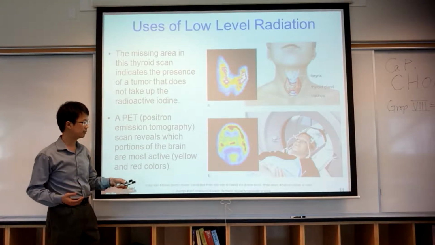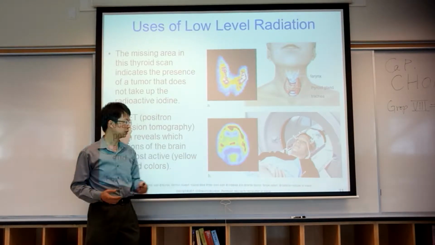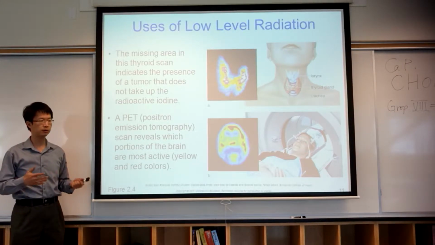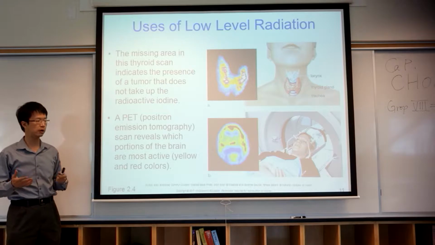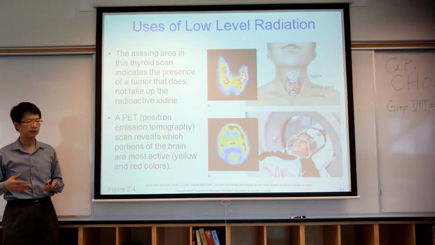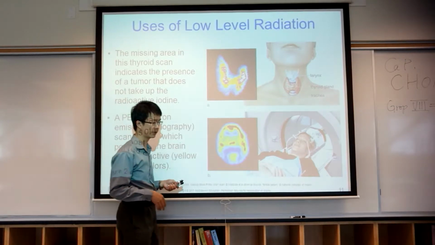The less active part of the brain will become blue. So it can tell the doctor which part of your brain is functioning, or which part of your brain has the stroke that killed the brain tissue, that's why it's not active.